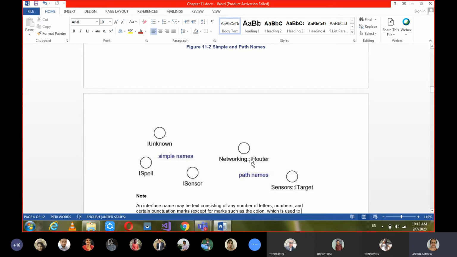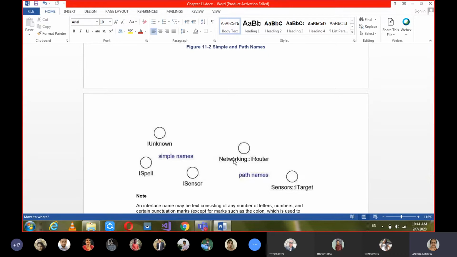A path name is an interface name prefixed by the name of the package in which that interface lives or exists. So when I say IRouter, interface router, that means this router belongs to some package, called the networking package.